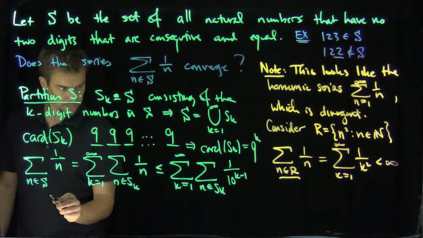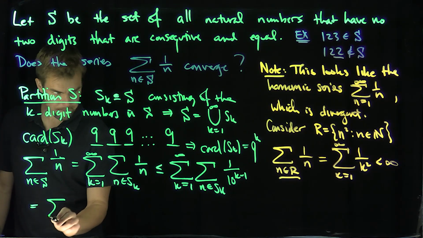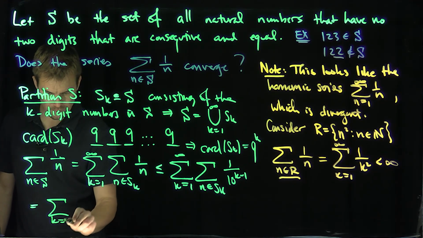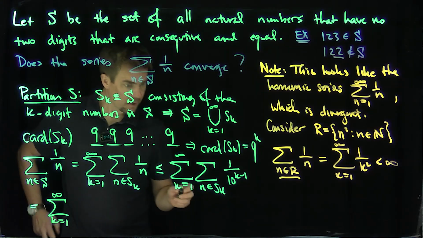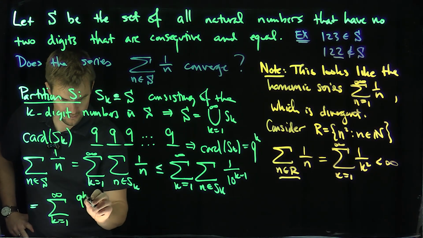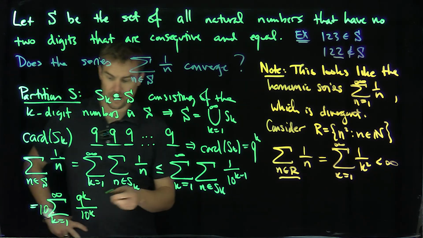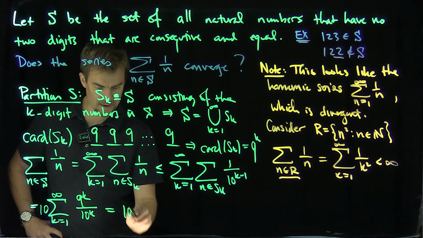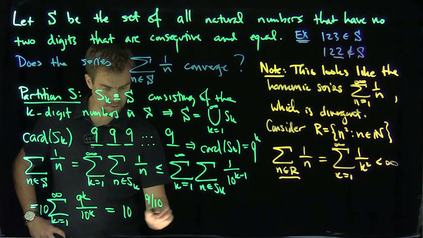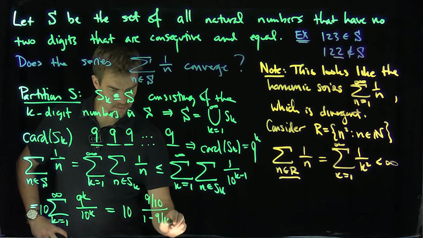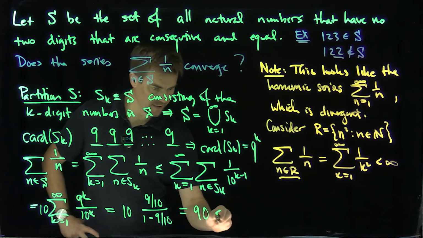So this is equal to the sum, k goes from 1 to infinity, of just 9 to the k over 10 to the k, and I'll pull the 10 out because it's in the denominator. Now this is a geometric progression. This is 10 times 9 over 10 over 1 minus 9 over 10, and this is just going to give me 90, which is less than infinity.